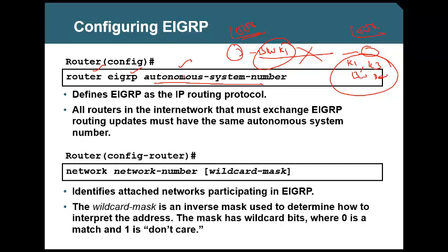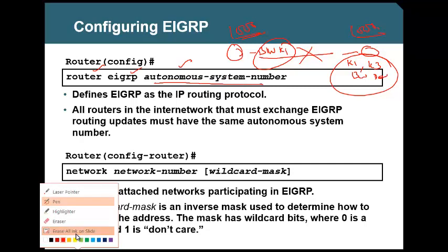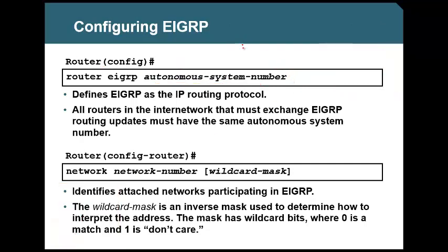By default, the K values will not mismatch. Why? By default on all routers, K1 and K3 are considered for metric calculation. K1 and K3 are 1 by default.